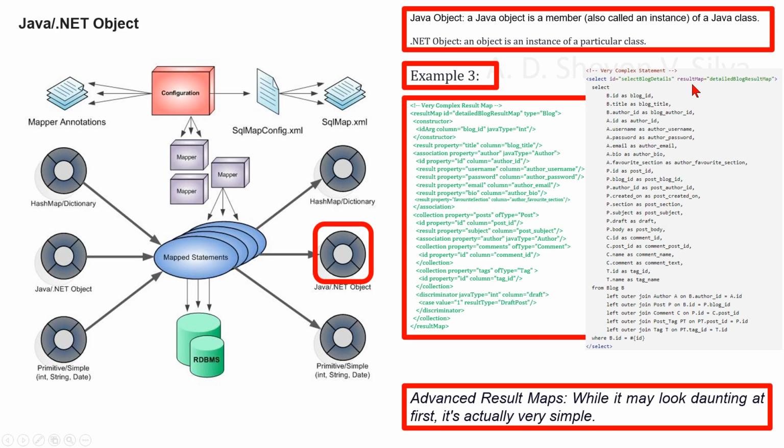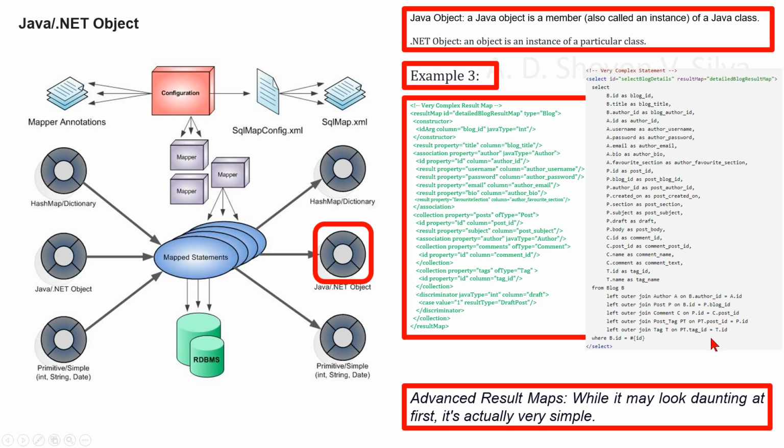For example, how would we map this statement? You would probably want to map it to an intelligent object model consisting of a blog that was written by an author and has many posts, each of which may have 0 or many comments and tags.